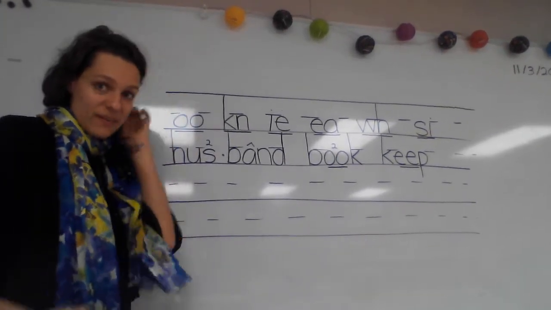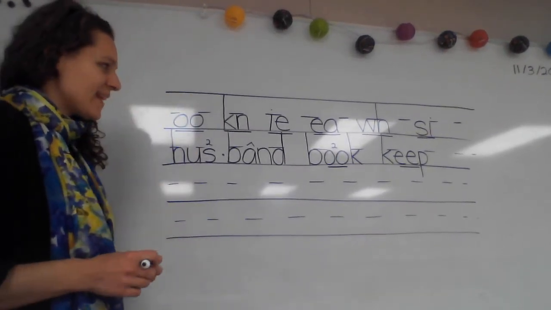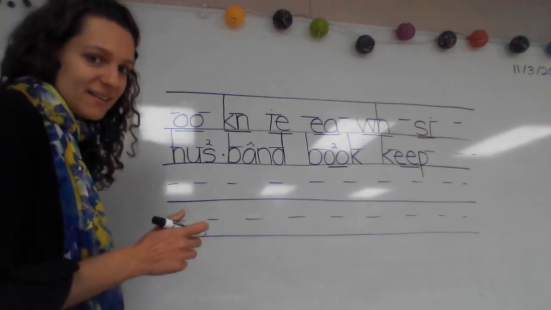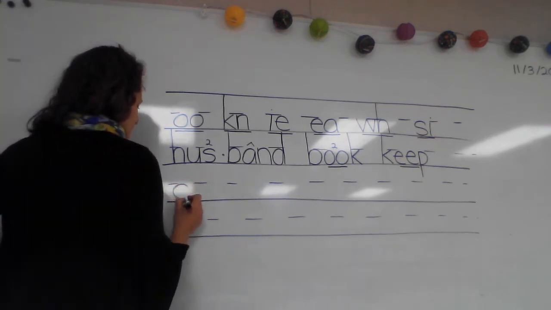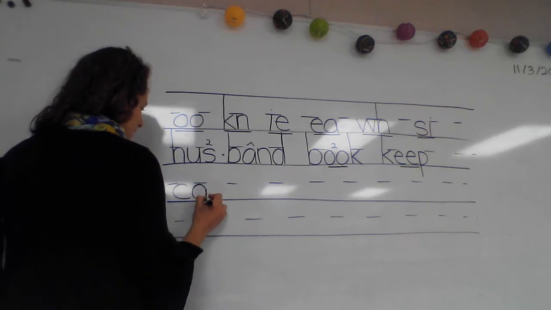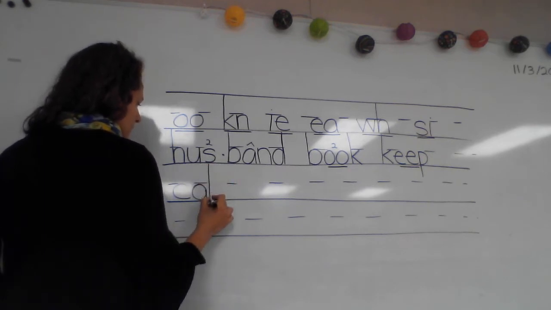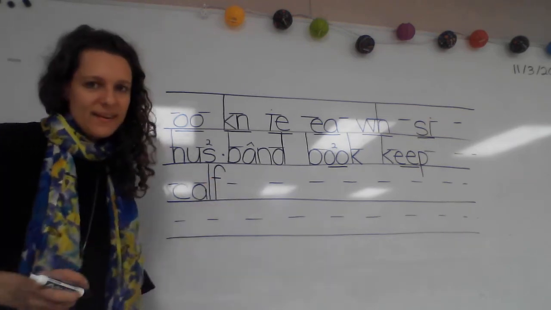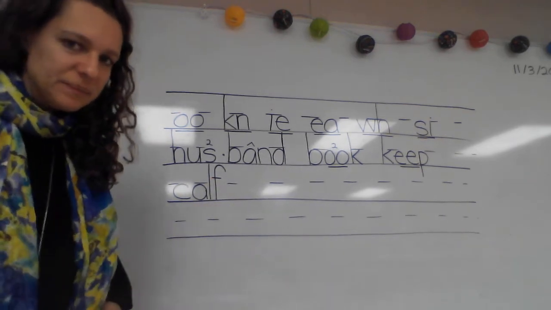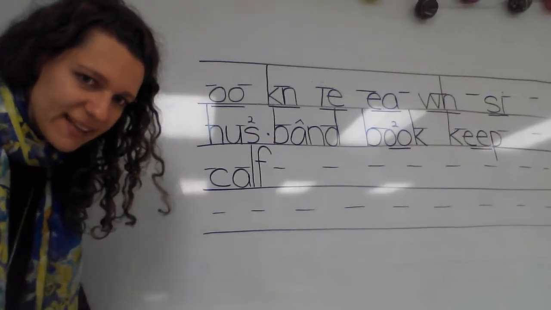All right, class, put your finger under the first phonogram in that word you just wrote. What is it? Good. A, and O, and all right, so make sure yours looks like mine.